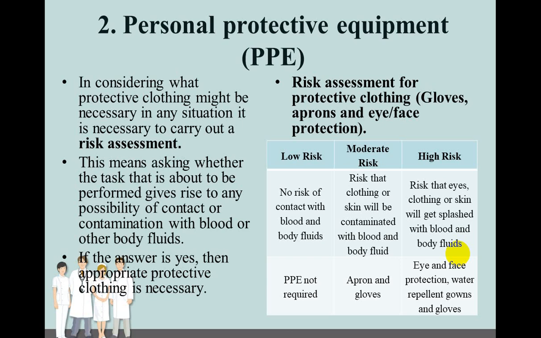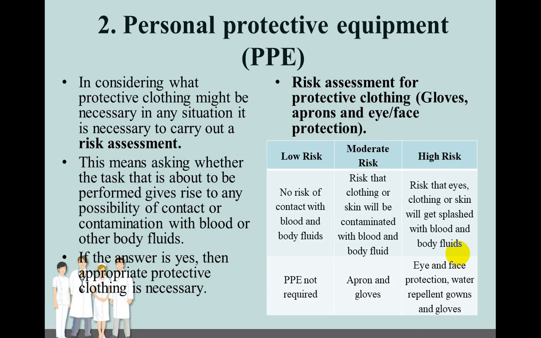Risk assessment for protective clothing, gloves, aprons, and eye and face protection. And then 3 possibilities: low risk, moderate risk, high risk. Low risk: no risk of contact with blood and body fluids, PPE not required.